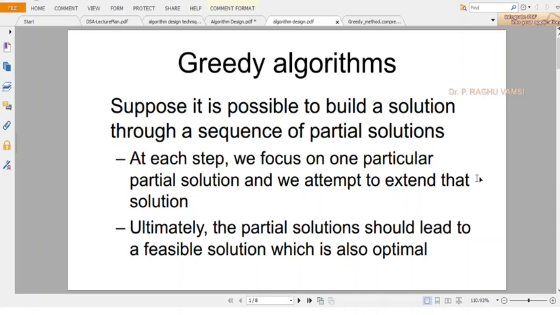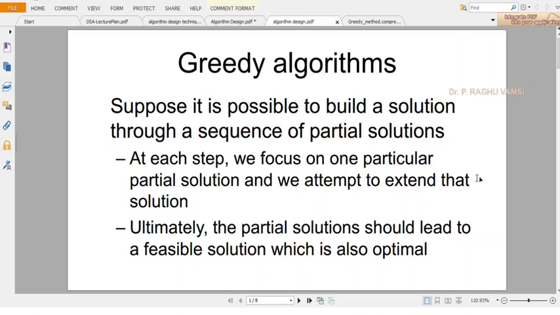That is, at every step you need to check these two things. Once you are satisfied with that particular step, only then will you try adding another edge into the tree. Finally, once all the edges have been visited, the resultant tree is the optimal spanning tree. This is a way of solving the problem in greedy algorithms.